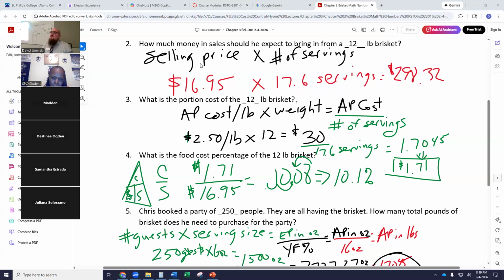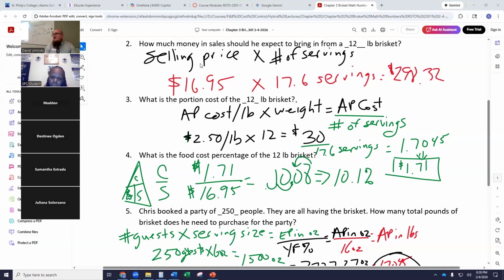How much does it cost me per pound times the weight of the brisket? Okay. That is how much it costs me to buy that brisket. And then I just divide by the number of servings I have. So if the brisket cost me $2.50, I multiply by the 12 pounds, and the brisket actually cost me $30 to buy it.